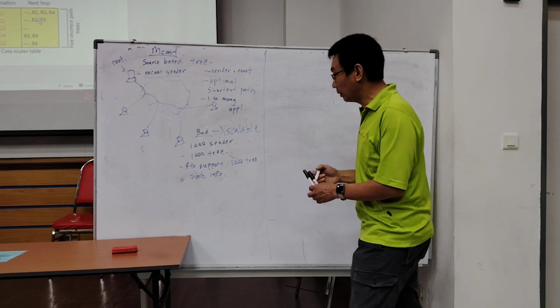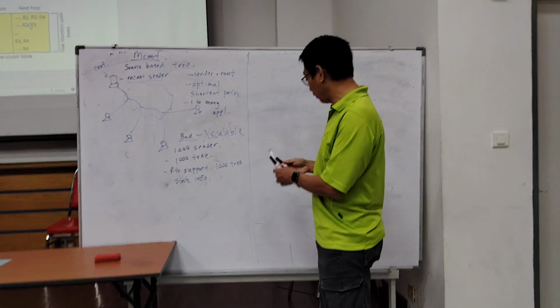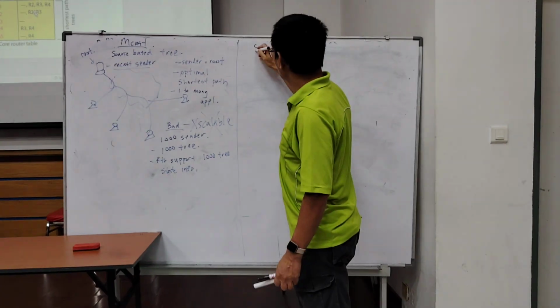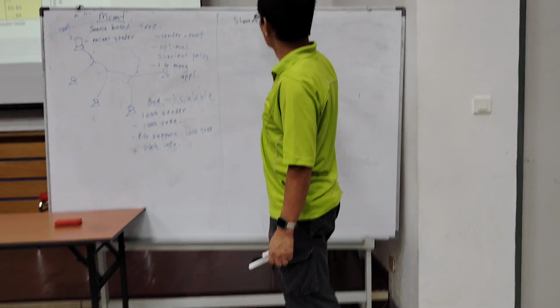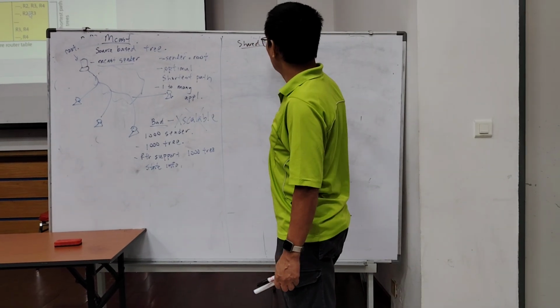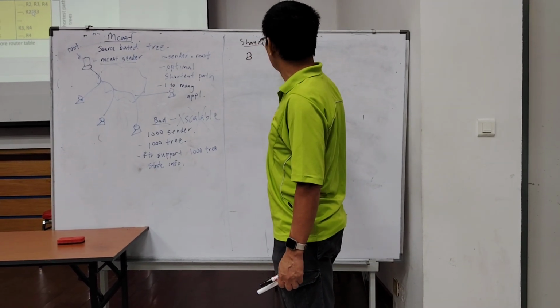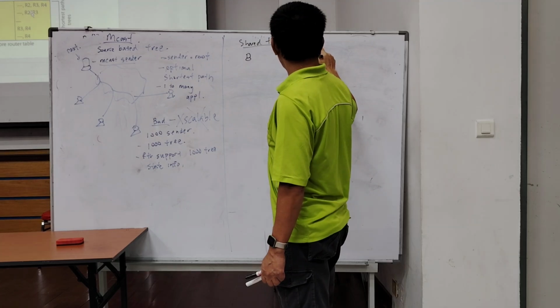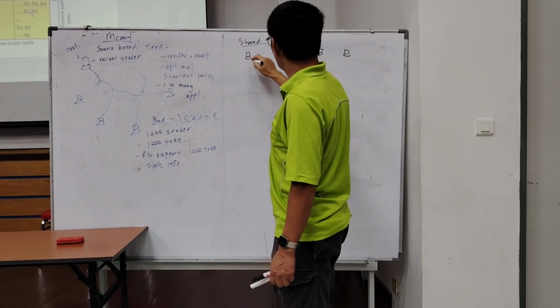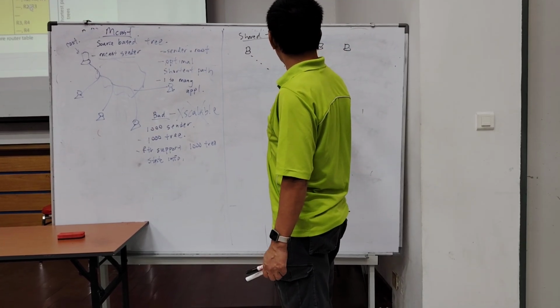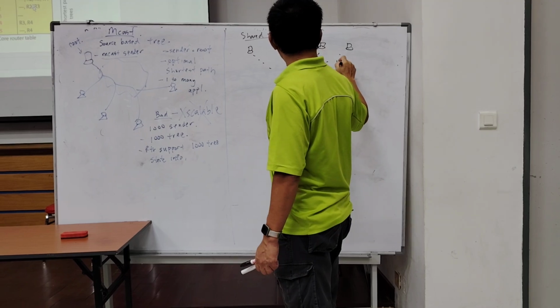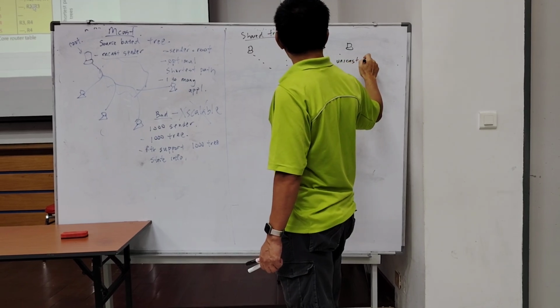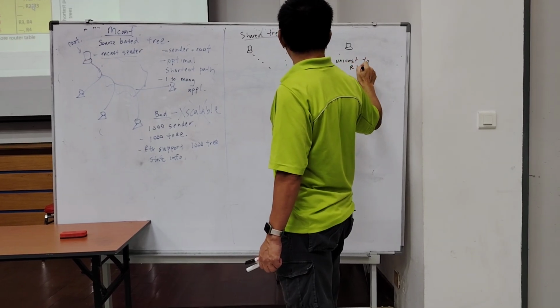In order for you to be scalable, you need to have a shared tree. Shared tree means that you have a sender here. All these senders are going to connect via unicast to the rendezvous point.